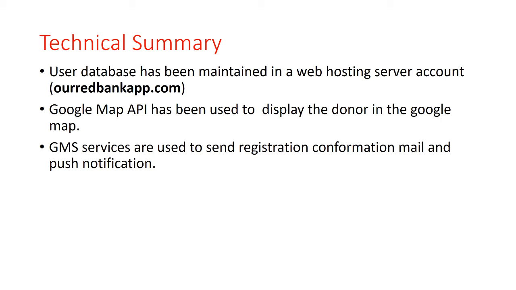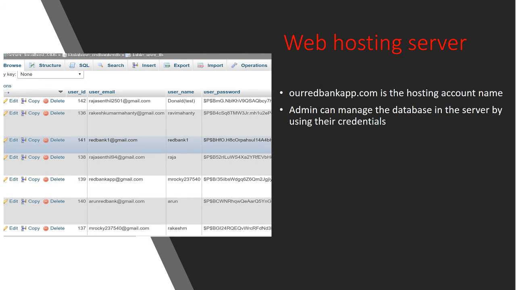Google Map APIs are used for locating the users on Google Map, and GMS services are used for registration confirmation and push notification. This is how the data is stored on the web hosting server, so that whenever the admin wants to delete or format the data, he can directly come over and format the data.